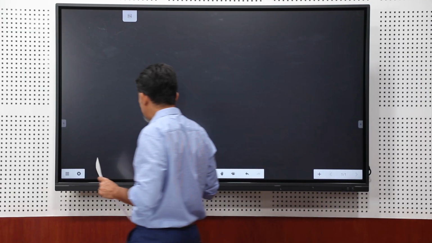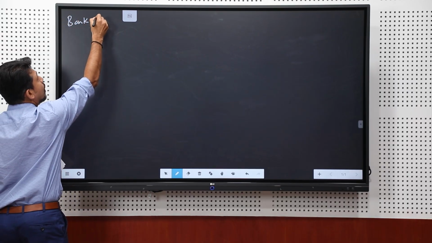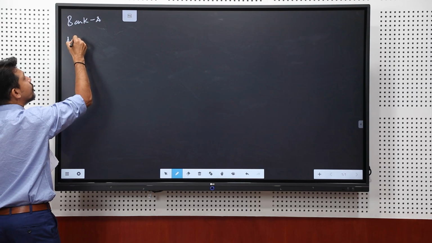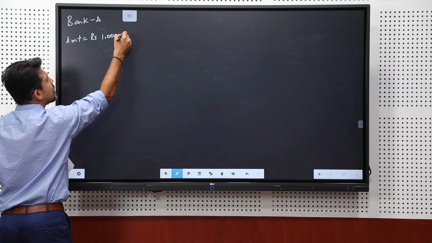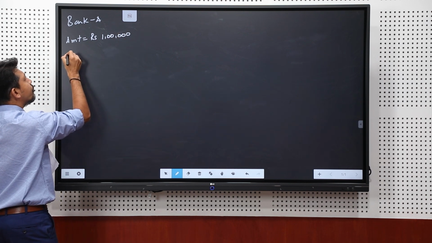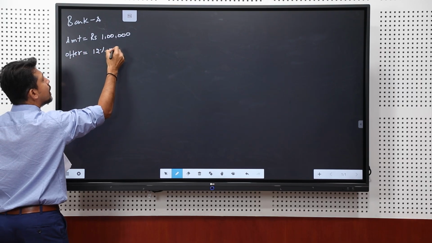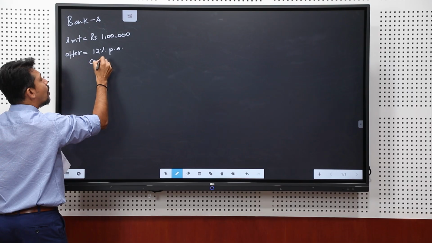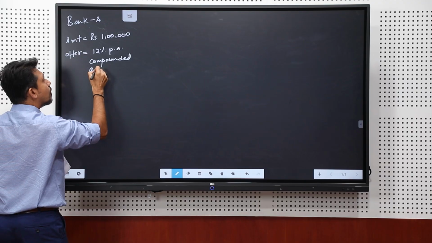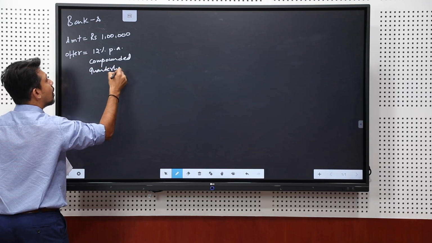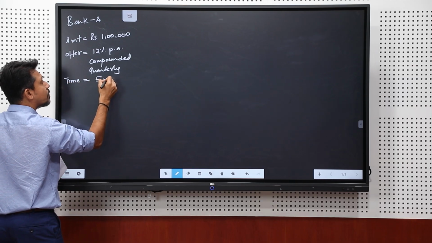Let's say we have two offers, one from bank A, which says that if you deposit 1 lakh with us right now, we offer a rate of 12% per annum compounded quarterly for a time of, let's say, 5 years.